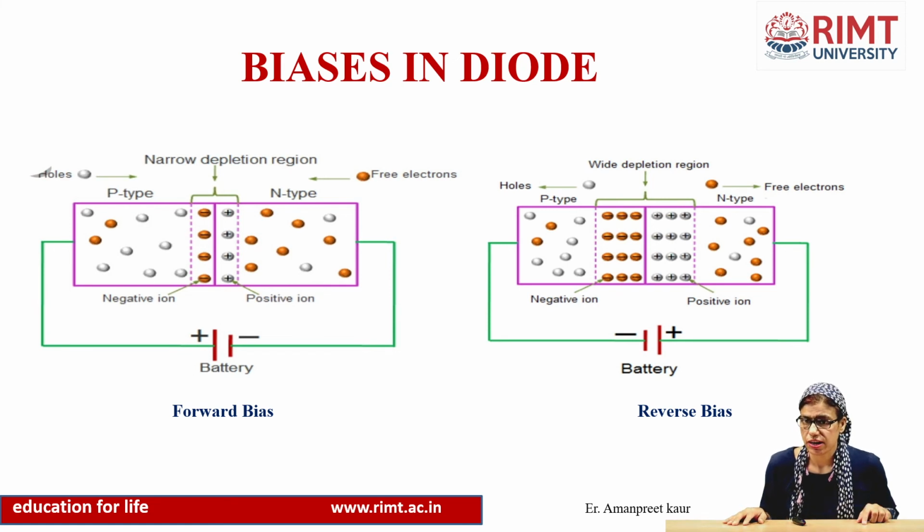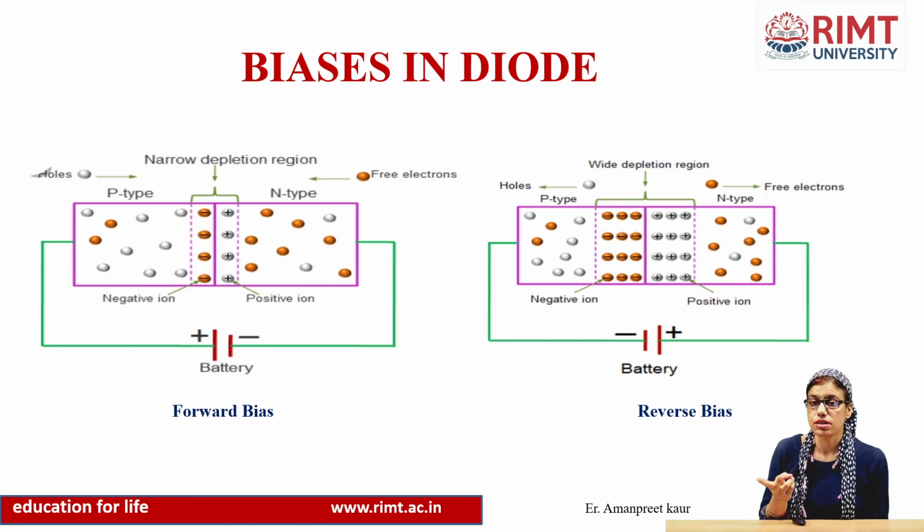And what is reverse bias? When we connect the negative terminal of the battery to the p type semiconductor and the positive terminal of the battery to the n type semiconductor, then what will happen? Since we connected it in reverse, electrons and holes are pushed away from each other.